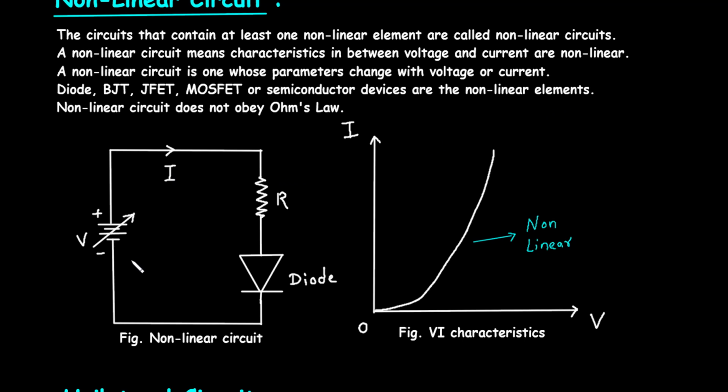So here in this circuit, this diode is a non-linear element. If all the elements in the circuit are linear, but only one element is non-linear, then that circuit will become a non-linear circuit. A non-linear circuit does not obey Ohm's law.